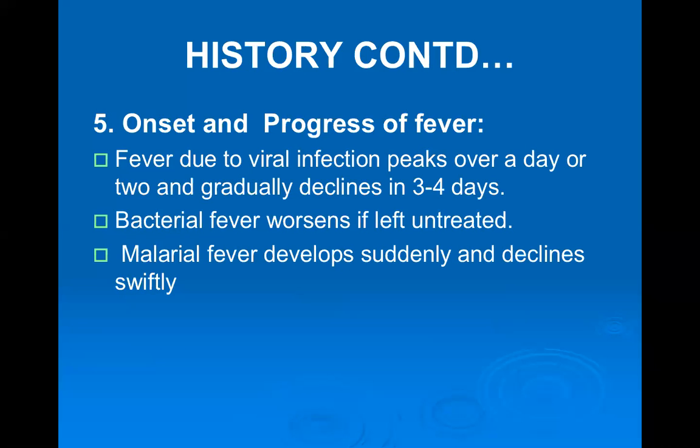Is the fever getting worse than before, or is it the same, or is it decreasing? This is called progress. So we always ask this question. Now see here, bacterial fever worsens if left untreated, and malarial fever develops suddenly and declines swiftly. They are different, nature of the fever according to the cause.